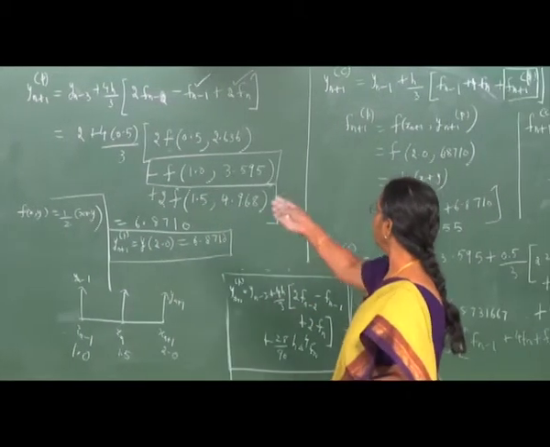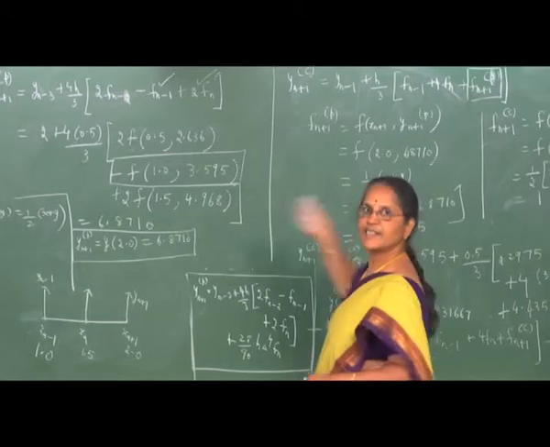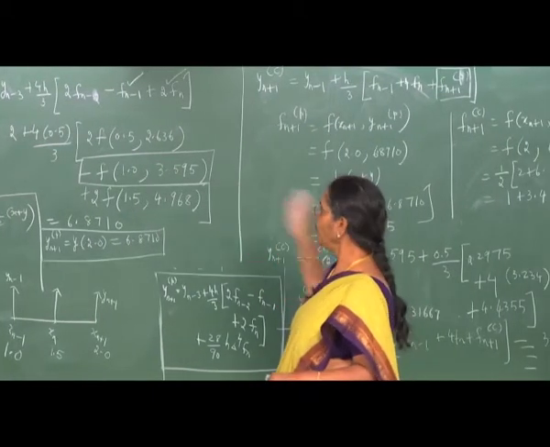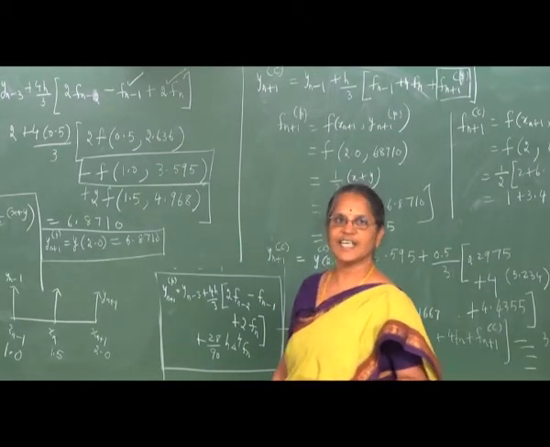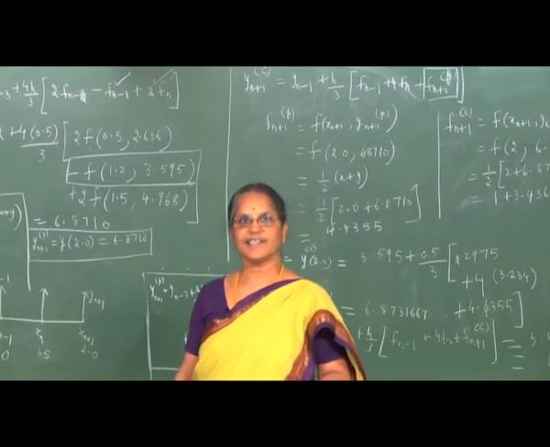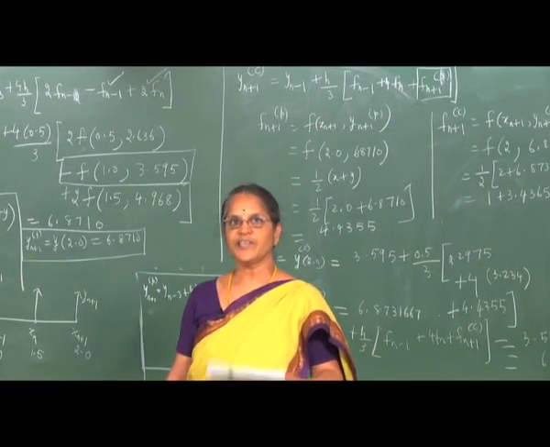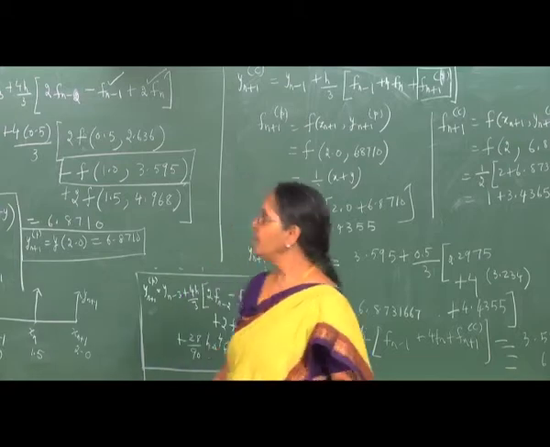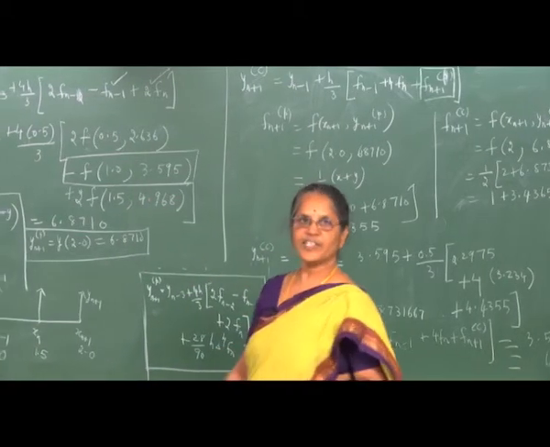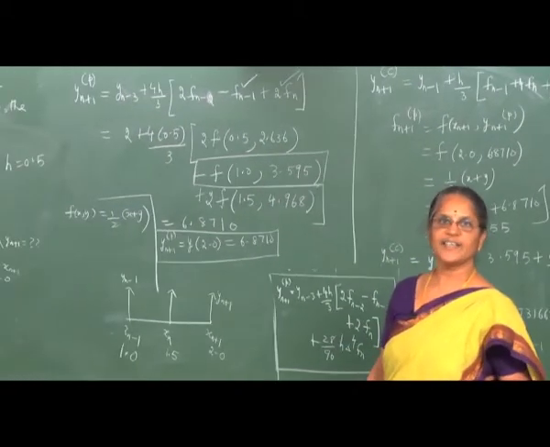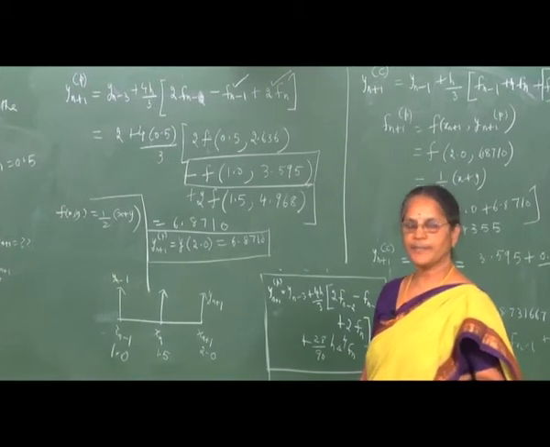So, we have derived 2 multi-step methods and we make use of these 2 multi-step methods as predictor corrector pair and then try to obtain solution to a first order differential equation correct to the desired degree of accuracy.